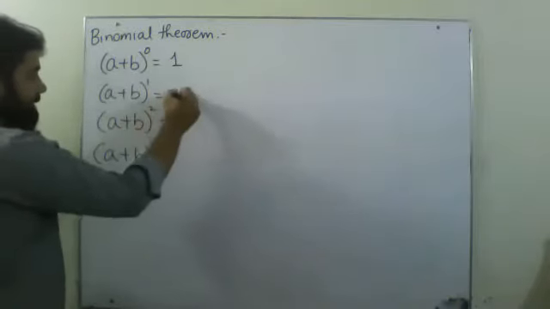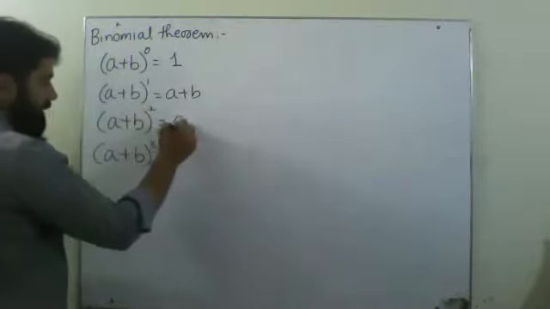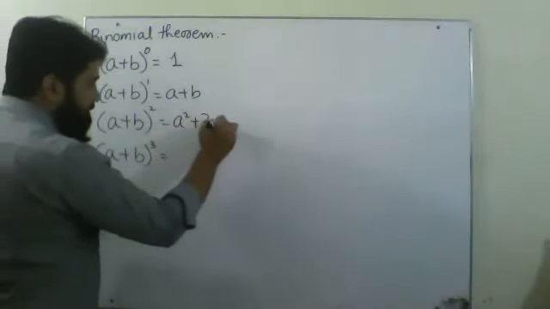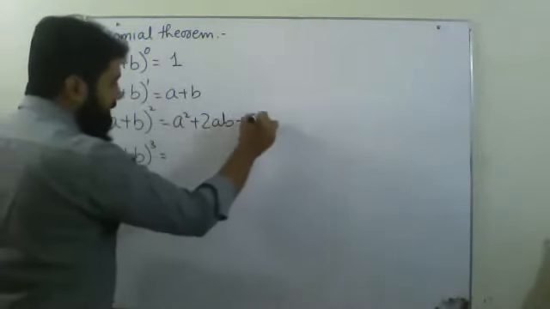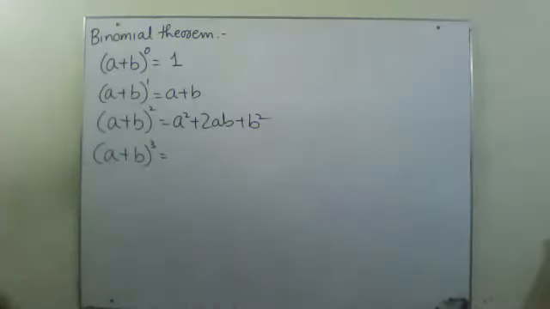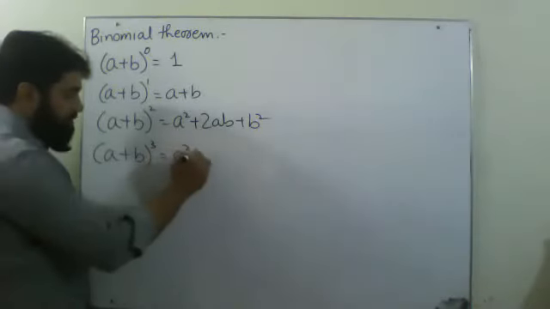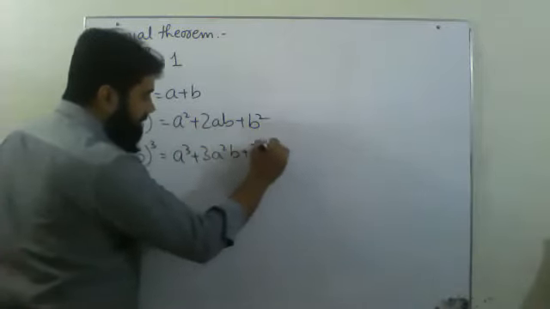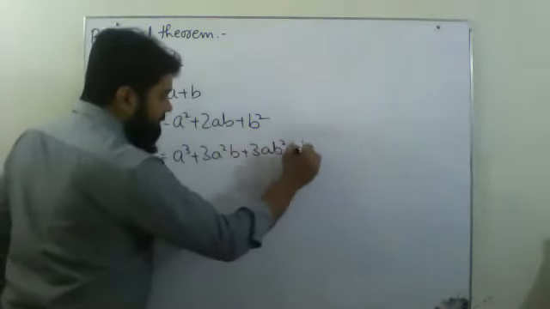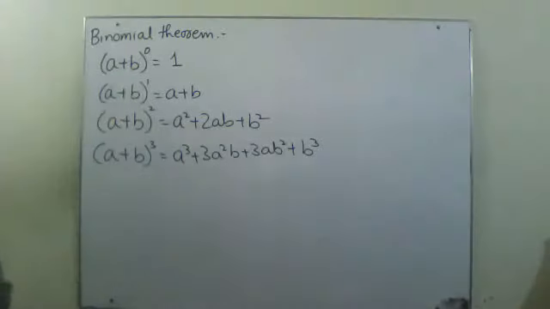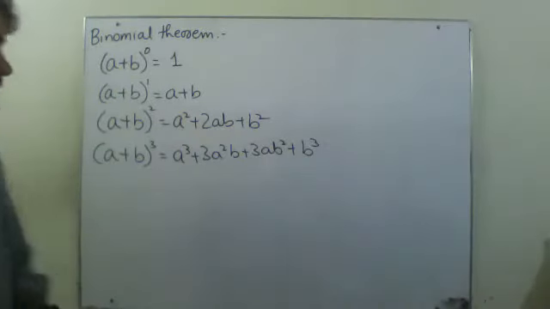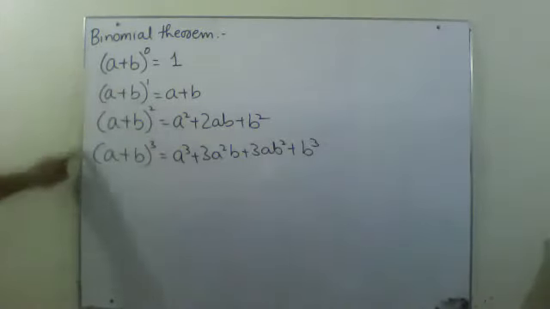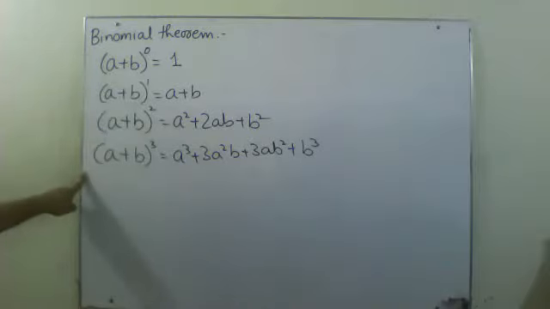Power 1 will be a plus b. Power 2 is a square plus 2ab plus b square. Power 3 is a cube plus 3a square b plus 3ab square plus b cube. These are the things we do when we have expansion.